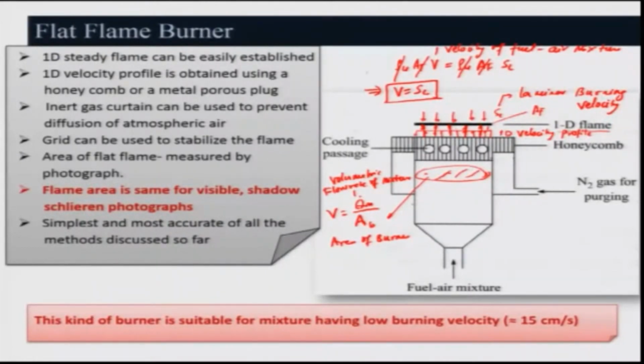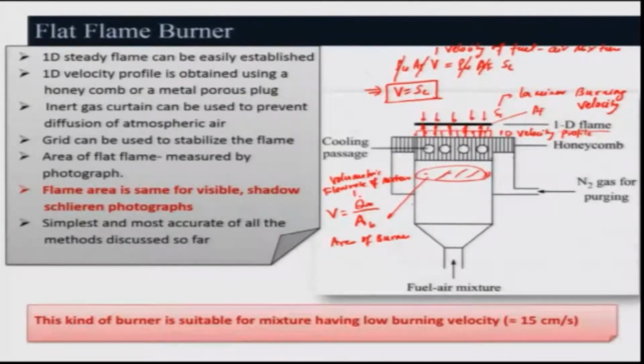Once some of the passages are blocked due to dust in the fuel air mixture, you cannot get a one dimensional flame because of the change in velocity locally. Therefore, one has to be very careful when using this burner.